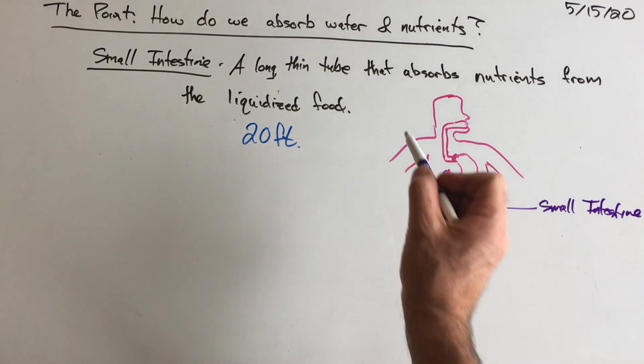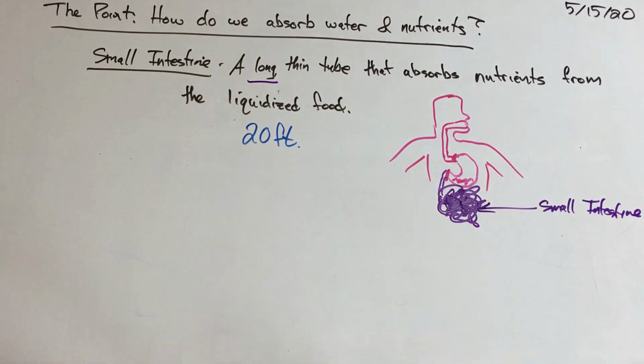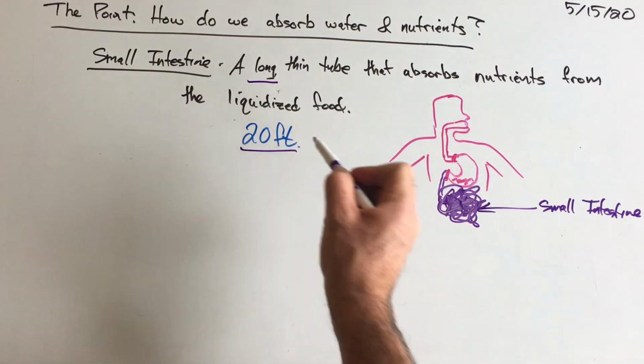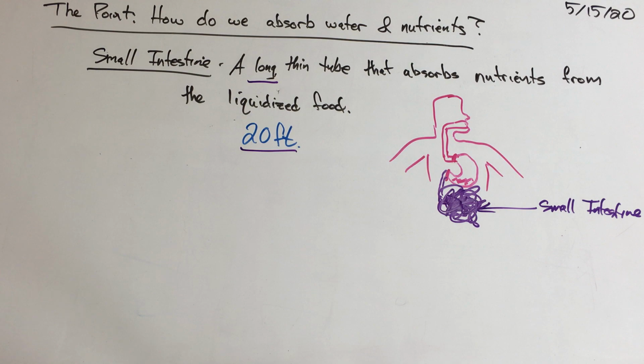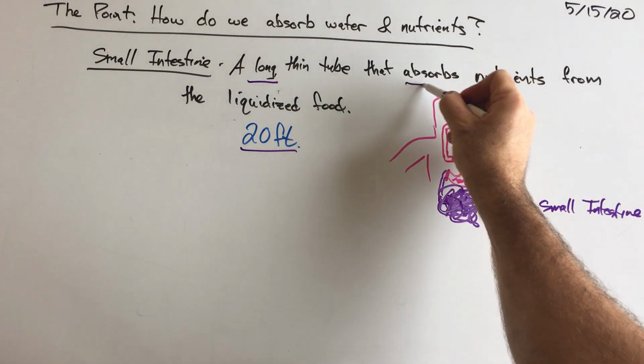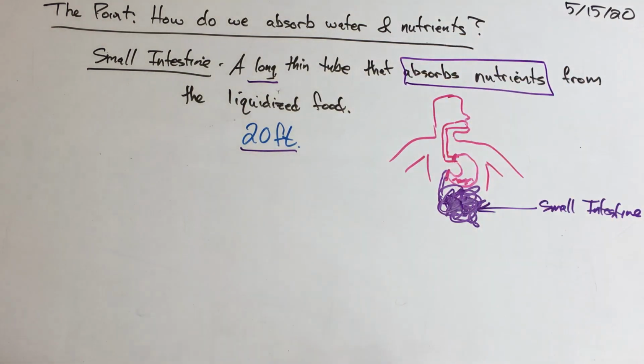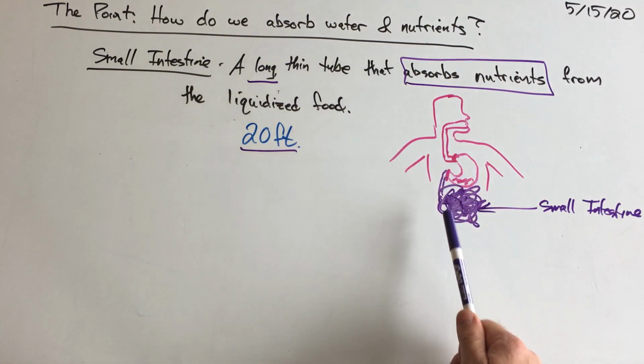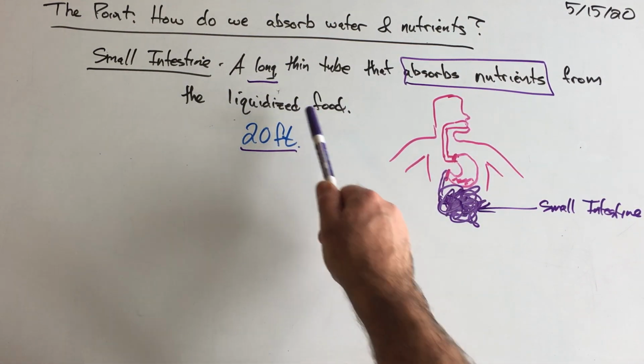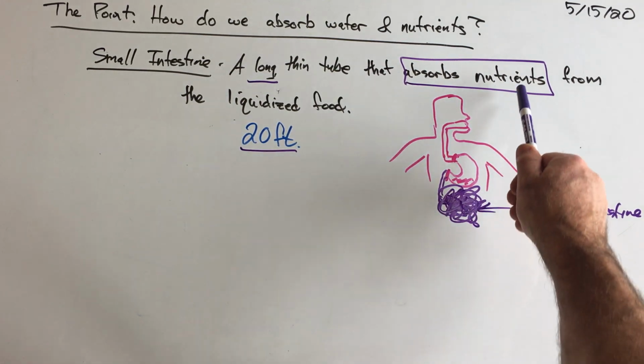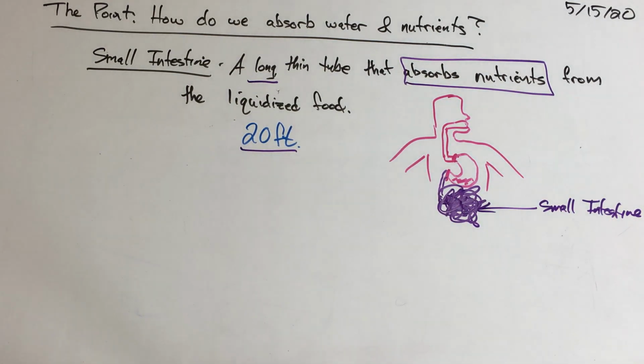Now, why is it so long? Well, what does it do? Oh, that's right. It absorbs nutrients. So the reason that the small intestine is so long is so that we get a nice long look at the liquidized food, a nice long look at the nutrients. We have a nice long time to absorb those nutrients.